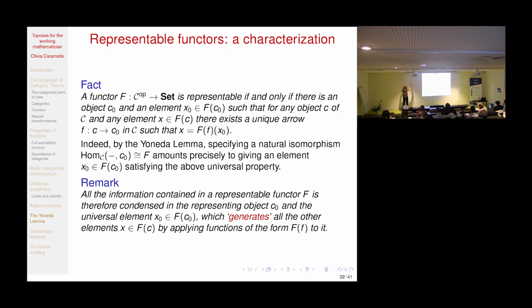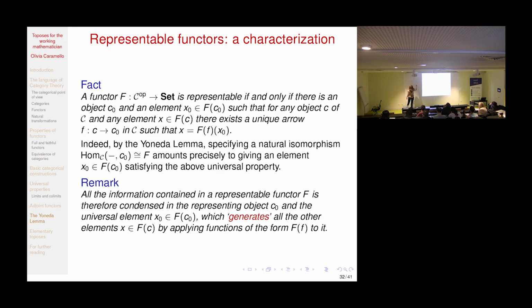So you see, from this picture, you really see that the object C0 and the element x0 there, which is called the universal element, actually generates the functor, because all the values of the functor elsewhere are just obtained from that particular element under deformations given by arrows connecting the objects where the elements live to the universal object.